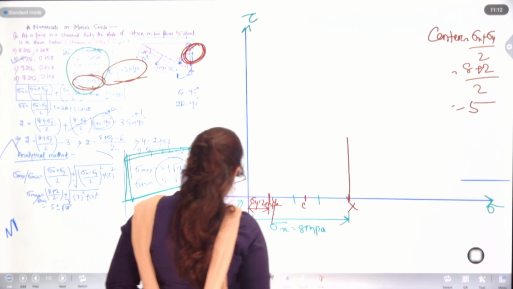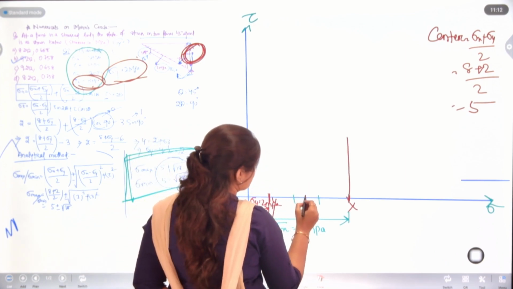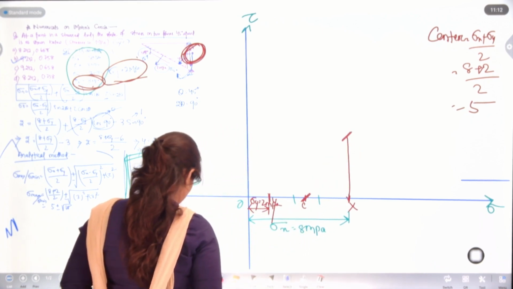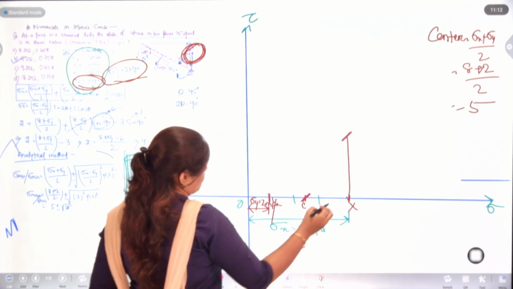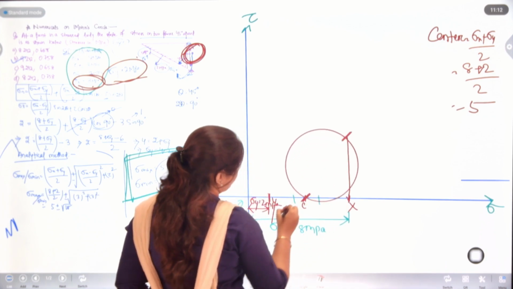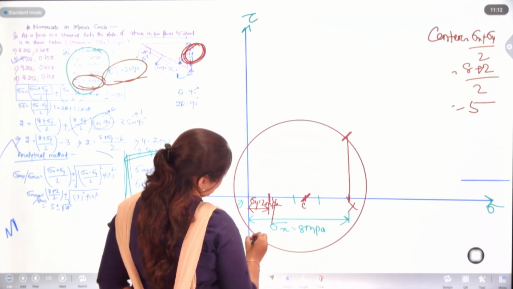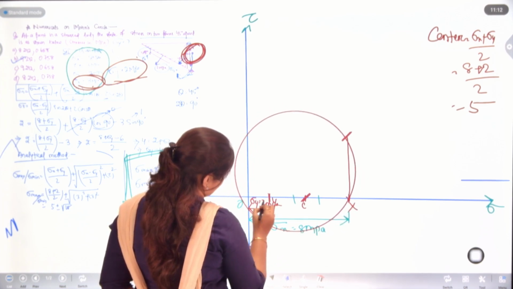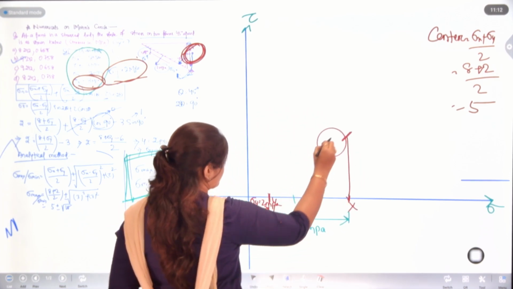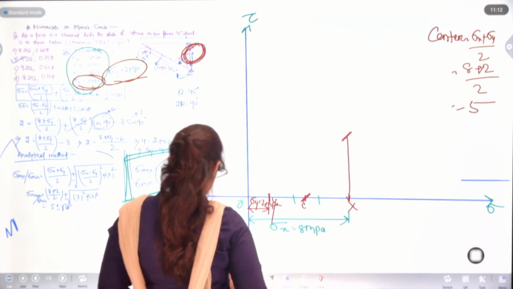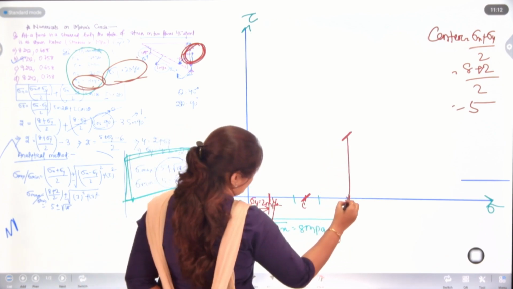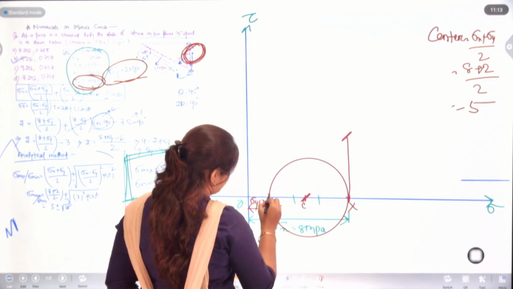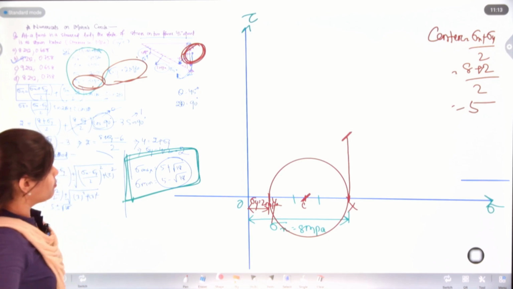So, by taking these as radius, let's draw it from x and y. Okay, here we will have the Mohr circle.